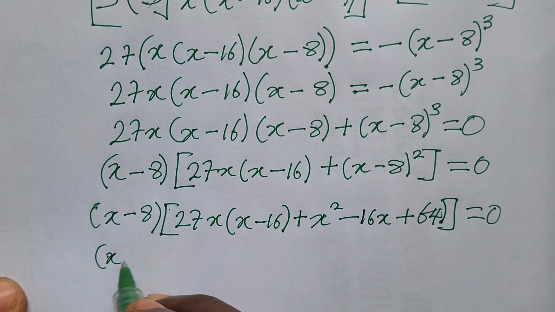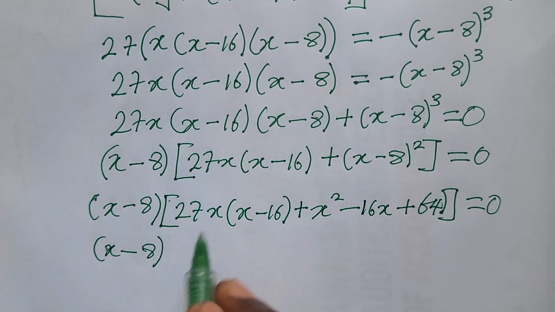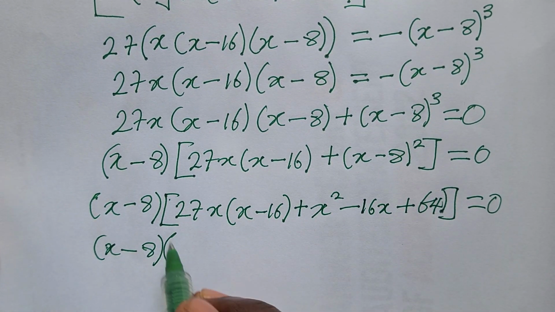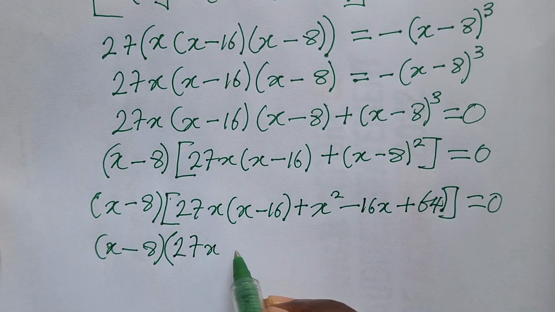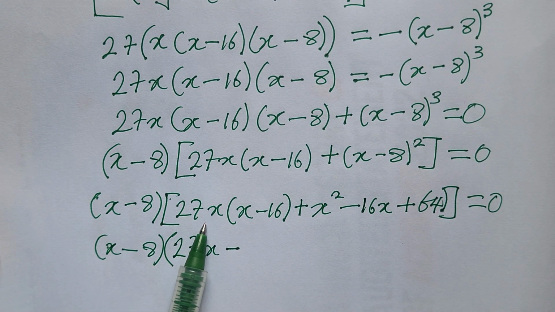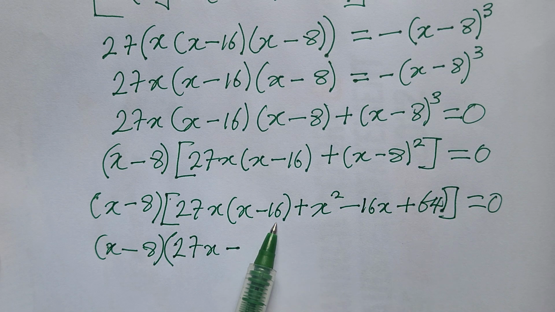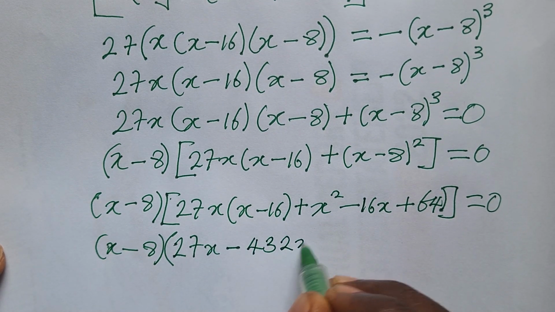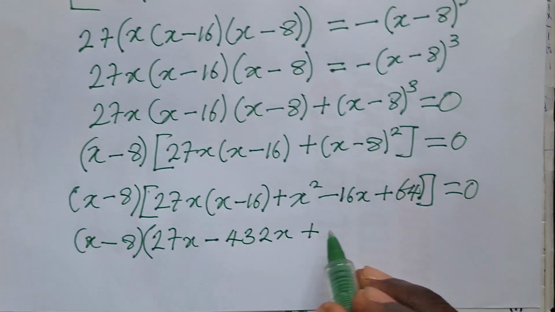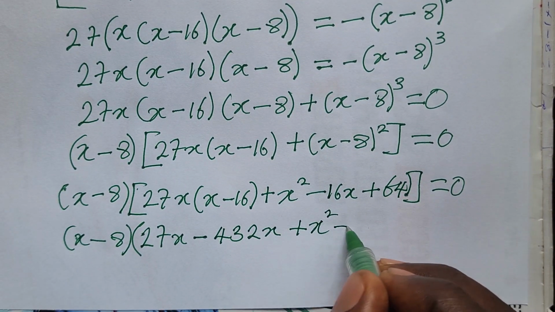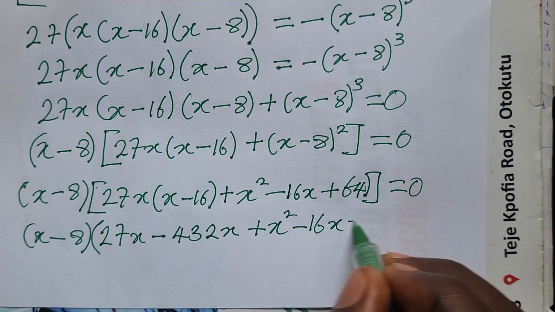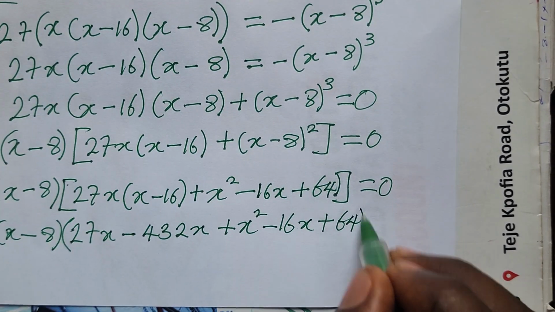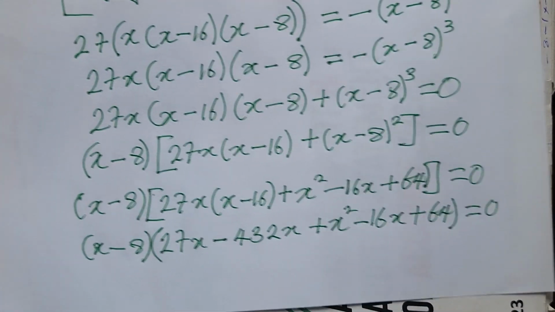So we have here (x minus 8), bracket, this time this will give us 27x squared minus 27x times minus 16, that will give us 432x, so we have minus 432x, then plus x to the power of 2 minus 16x plus 64, close our bracket equal to 0.